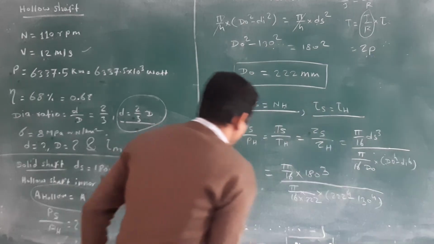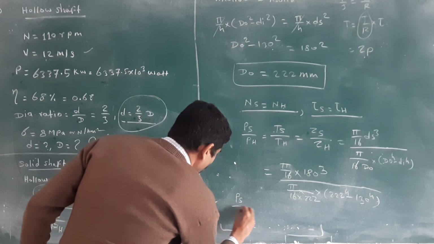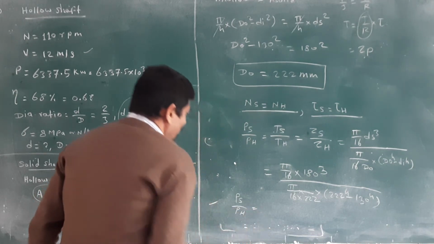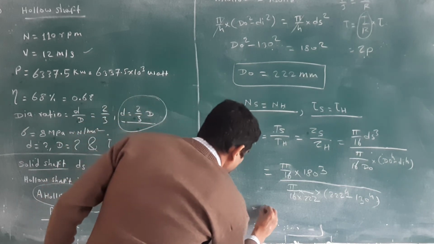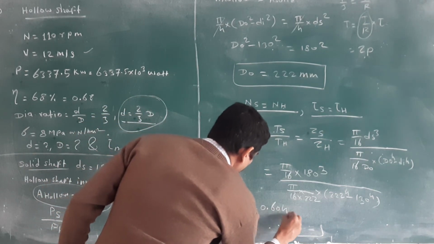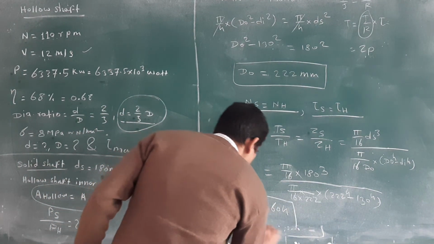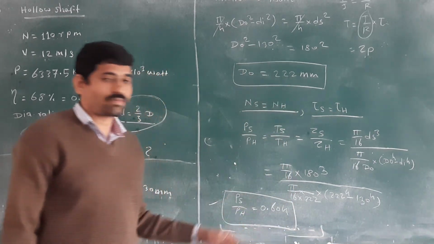If you calculate this ratio PS by PH, you will get 0.604.